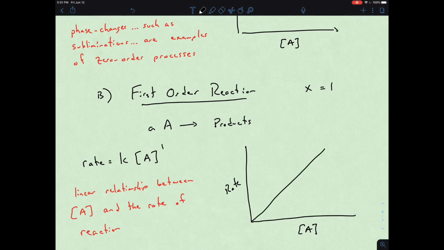If there's low concentration of A, such as no A, well then we don't have a rate. But as we increase the concentration of A, we see an increase in the actual rate of the process. This is a first order process. This is a linear relationship between the two.